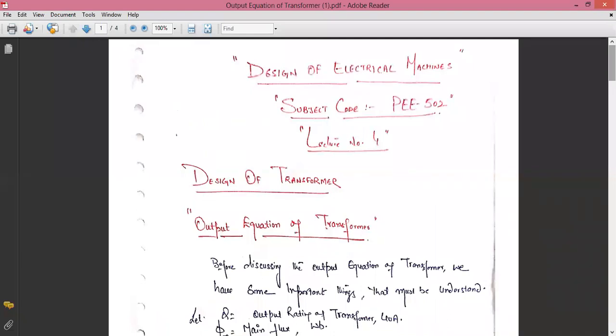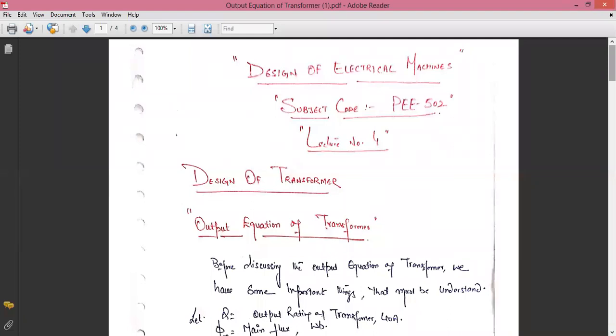One important thing I will tell you: from tomorrow onwards we will start solving the numericals, or you can say we will start designing a transformer. When you have to design a particular machine, as I already told in the starting of this lecture, you require a certain baseline, and this output equation is that baseline. In tomorrow's lecture, first of all, you have to see the client requirement, and according to it you decide whether to design a single phase transformer or a three phase transformer.